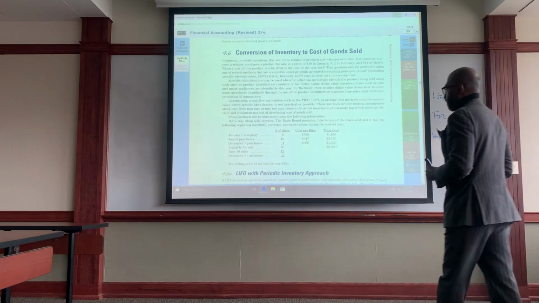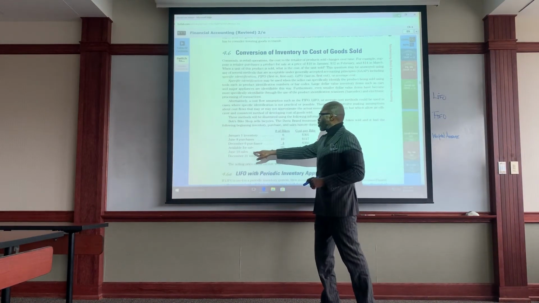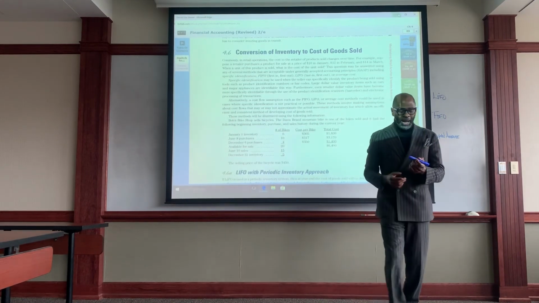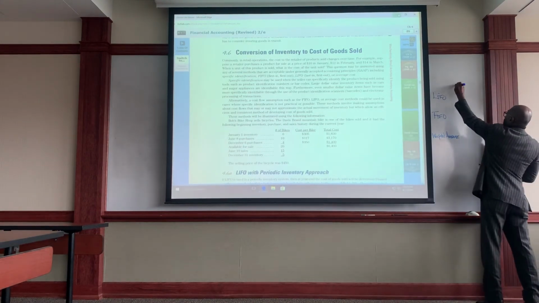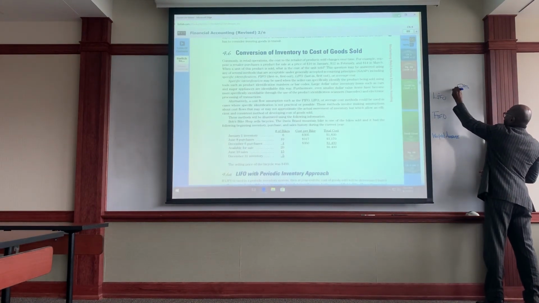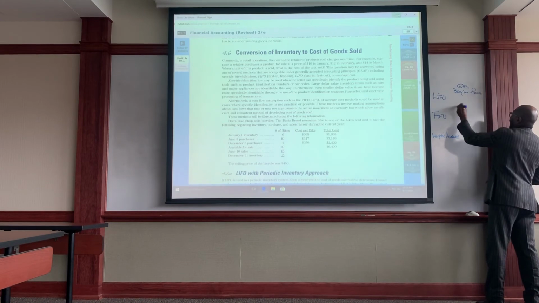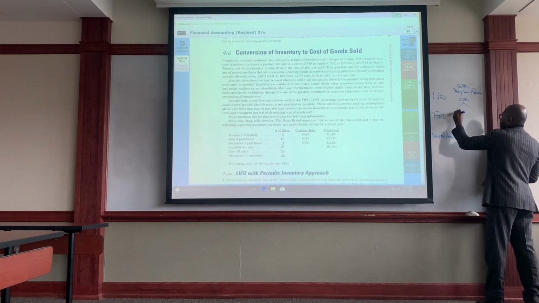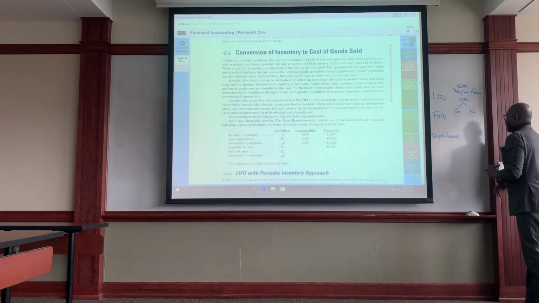Let's take it one step further. On June 10th, I sold 15 bikes. Now remember I talked about previously that goods available for sale is beginning inventory plus the purchases. I also told you that goods available for sale is the cost of goods sold plus ending inventory.